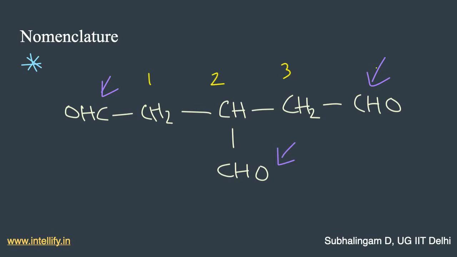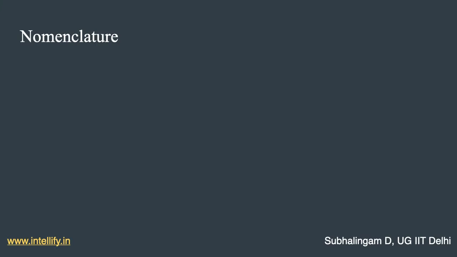So we have 3 carbons in the main chain, so the root word should be prop, and it's an aliphatic compound, so propane. How to accommodate these aldehydes in the name? We are going to name this as propane-1,2,3-tricarbaldehyde. The aldehydes are attached to the first, second and third carbon. I hope this one is clear.